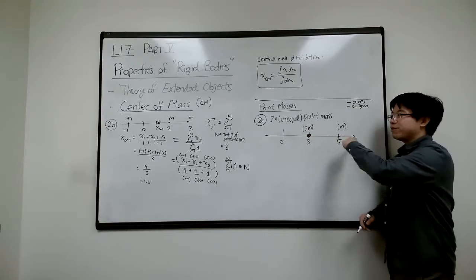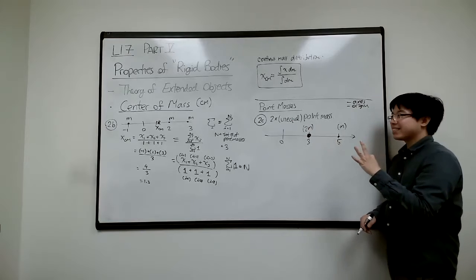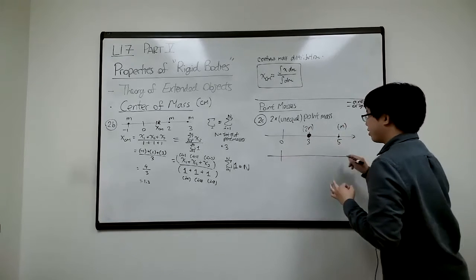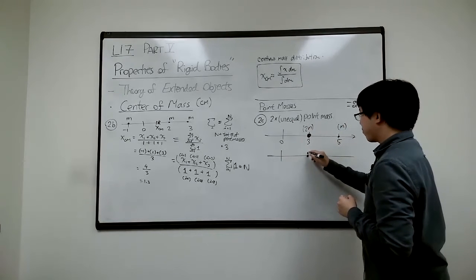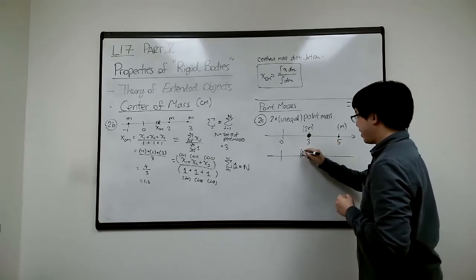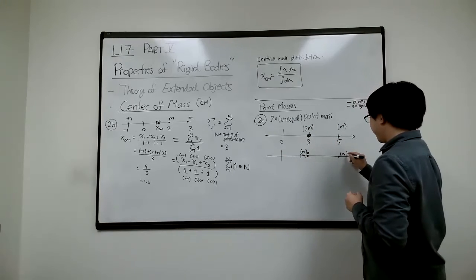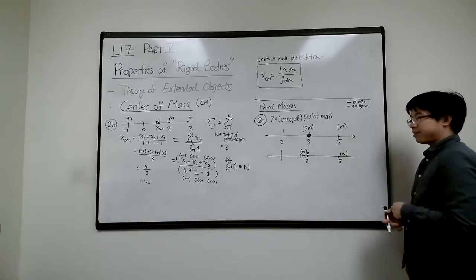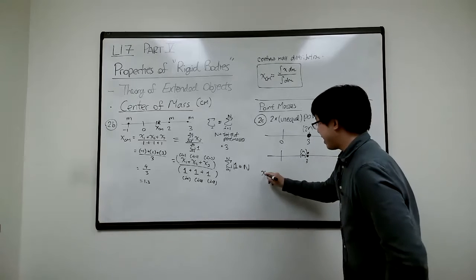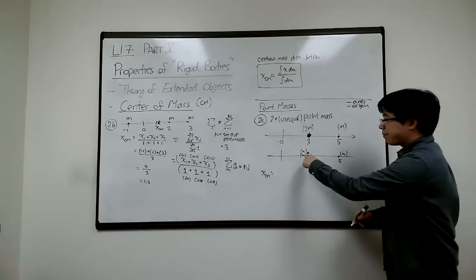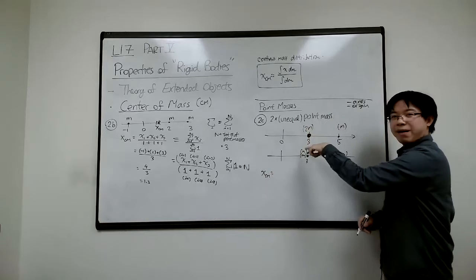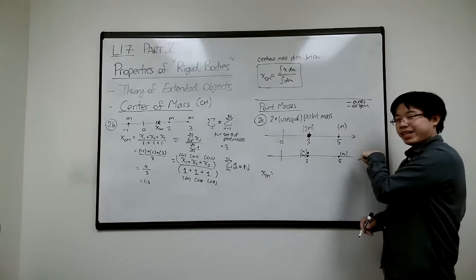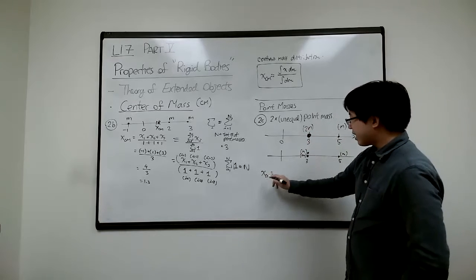Let me just assume this is a problem with 3 equal masses. So this is equivalent to the problem of me having 3 equal masses, m, m, and m, located at 3 and 5. So 2 of them are located at 3, 1 of them is located at 5. So XCM, that's the same as having 1 mass of 2m over here and 1 mass of m over here.